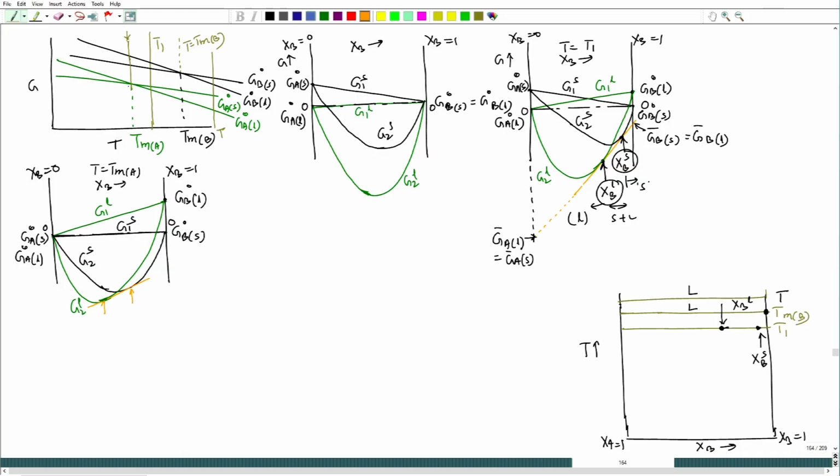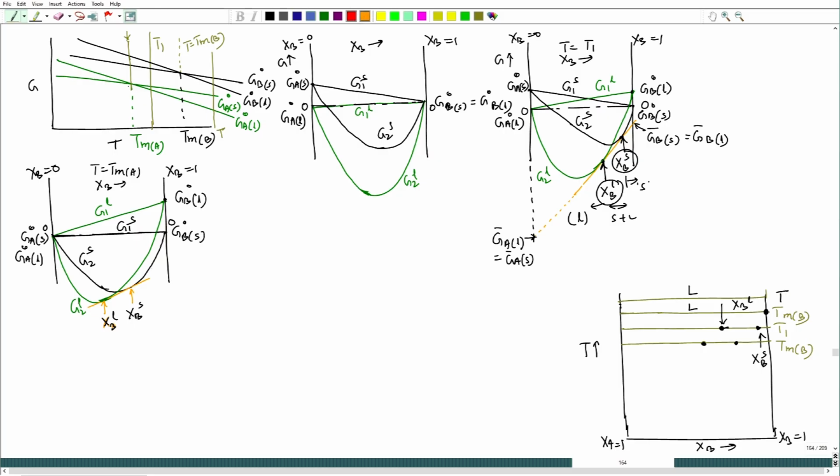So, this is X B L, X B S. Okay. So, at T equal to T m A, I see that the liquid line is moving towards left and solid line is also moving towards left, as per this particular common tangent.